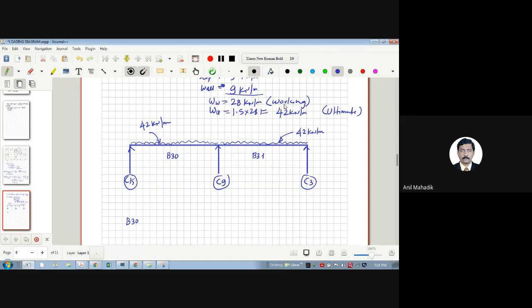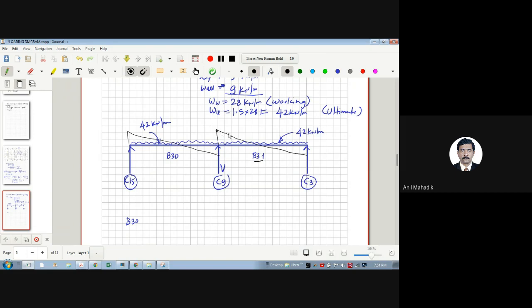B31 will have a shear here. So V, you know that the shear force diagram is generally like this. ऐसे कुछ तो रहता है. And this will also have like this. So there is a shear force here to the left, meaning from B31. ये shear रहेगा.